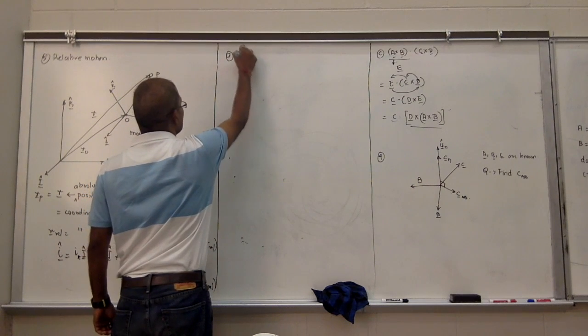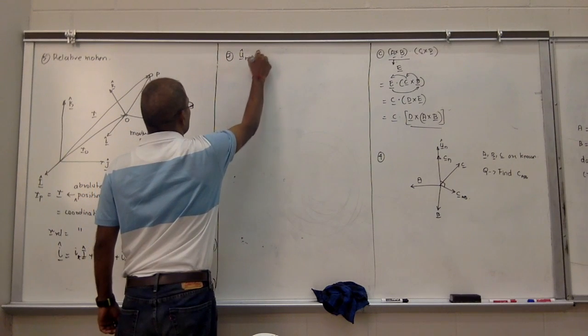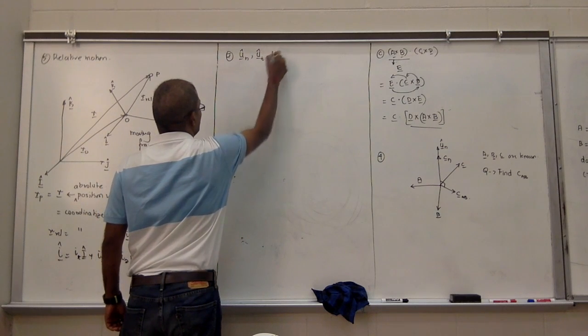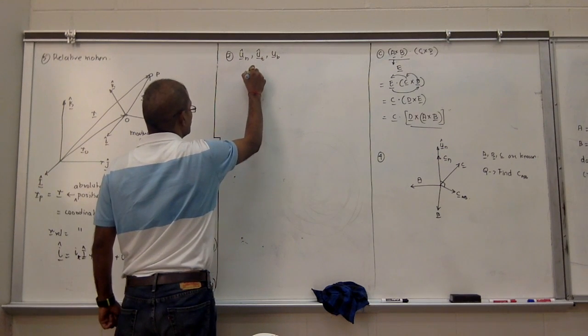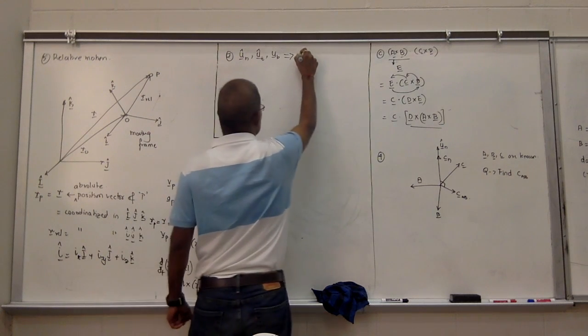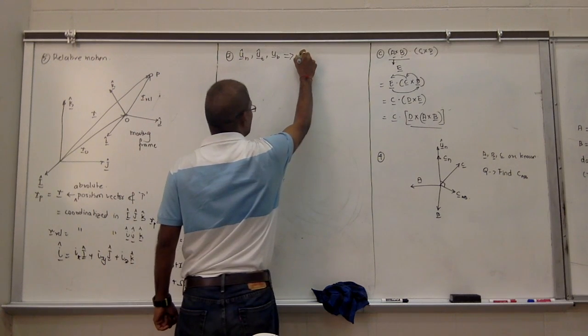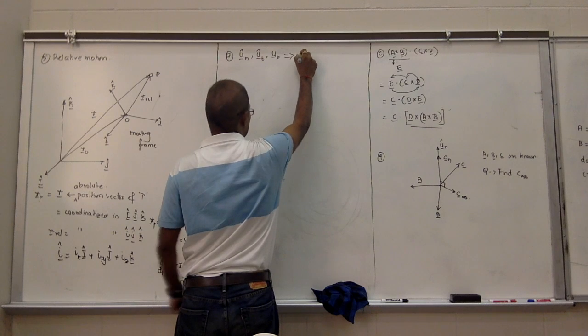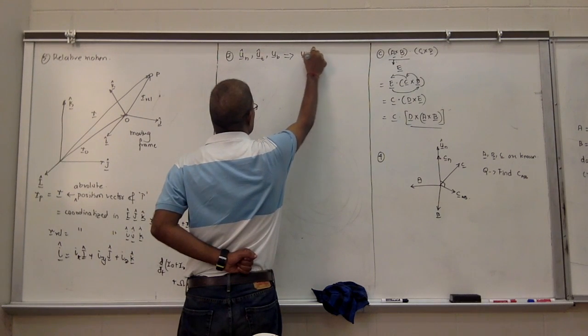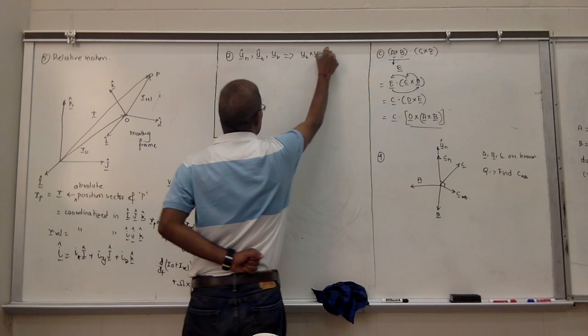UN, UT, and UB. And what is the relationship? UN and UT are perpendicular. And what is the relationship between the cross products? UT cross UN is equal to UB, right?